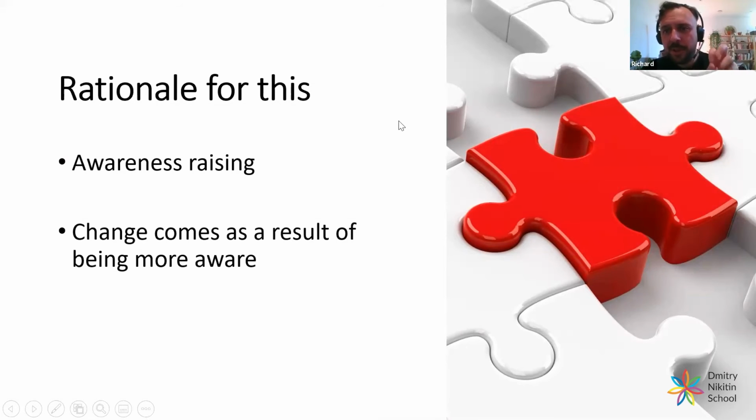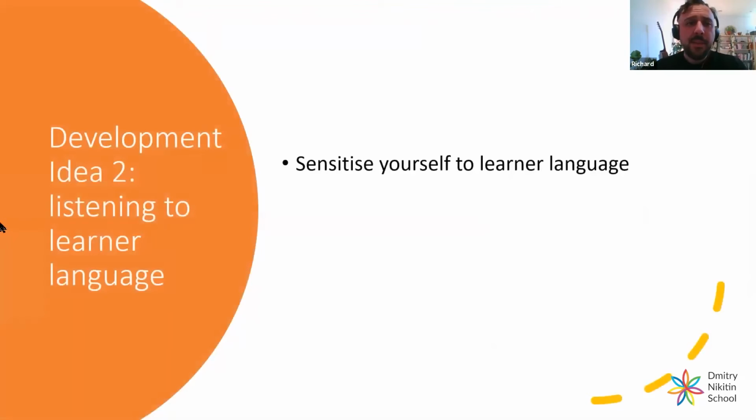Today, we're focusing on emergent language, but videoing yourself in general, you can look at a multitude of different things in your teaching. How do you clarify language? How do you deal with phonology? All of these things, is it on the spot, or is it to do with what you've planned in your lesson plan? The other thing you can do is to sensitize yourself to learn a language in another way, okay?